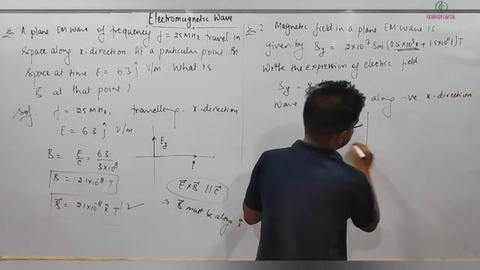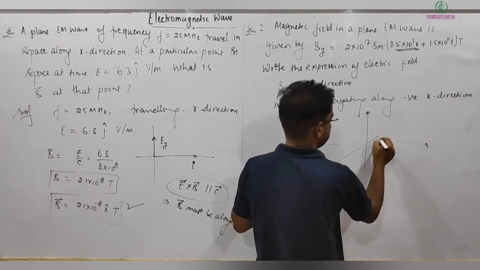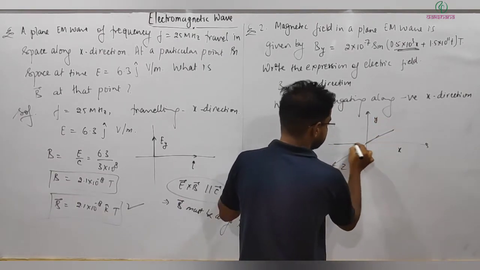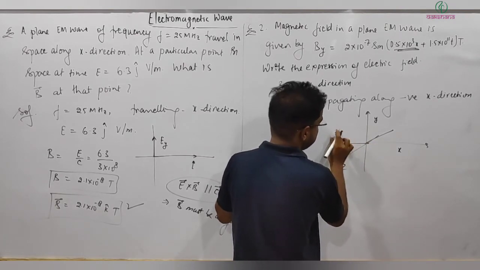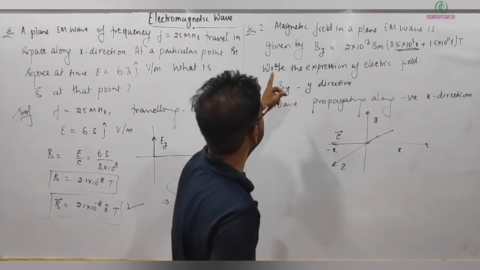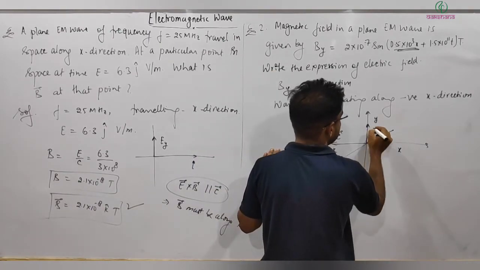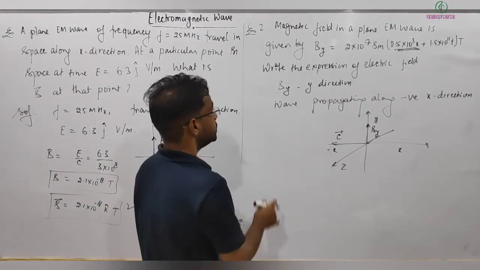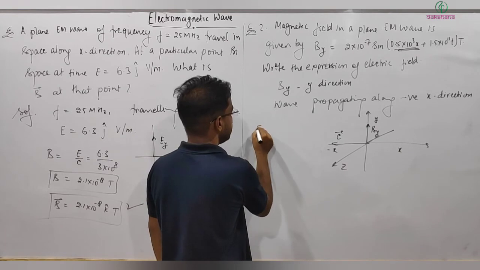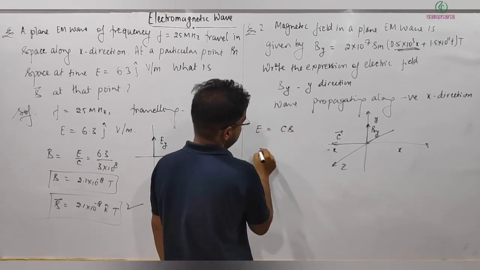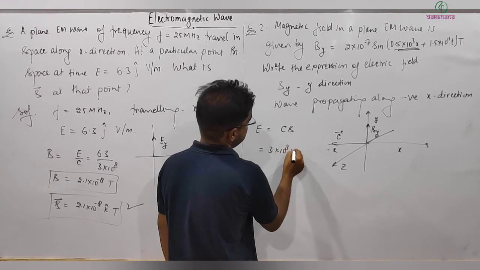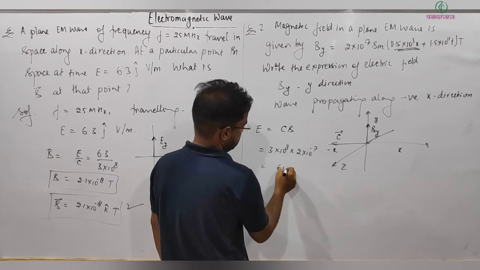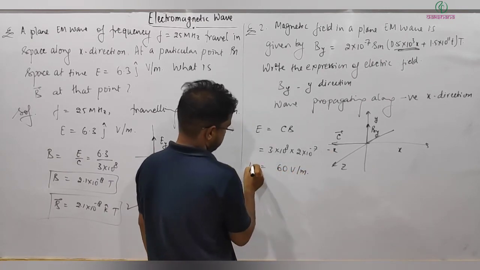Now let's say this is x, y, and z. So c bar is along minus x, and B is along y. Now we need to check for E. The magnitude of E is related as mod E equal to C into B, that is 3 into 10 raised to power 8 multiplied by 2 into 10 raised to power minus 7, which is 60 volt per meter. So we got the magnitude of the electric field.